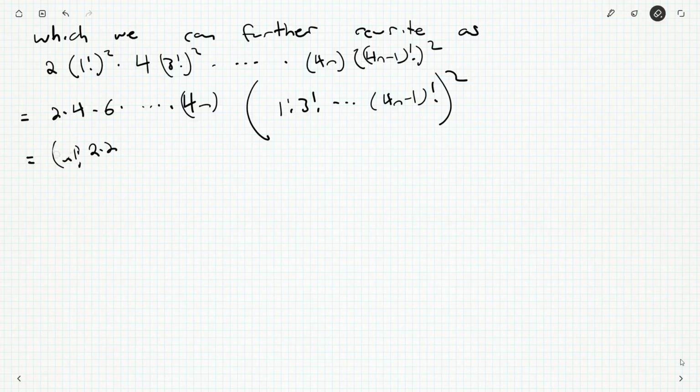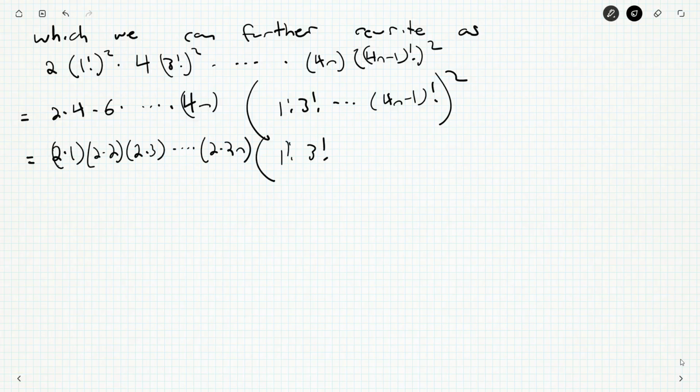I want to make this a little clearer. So 2 times 1 is 2. 2 times 2 is 4. 2 times 3 is 6. 2 times 2n. And then we keep our square.